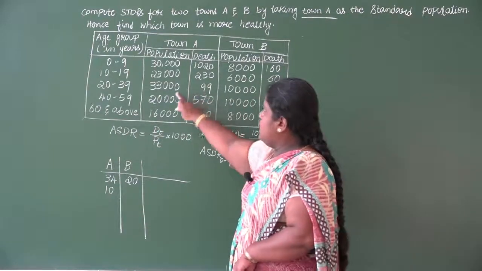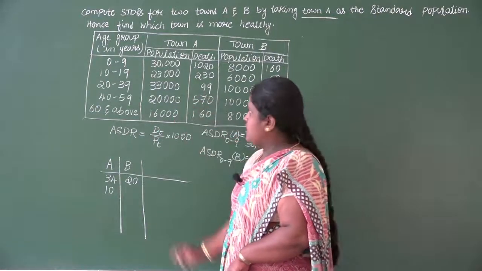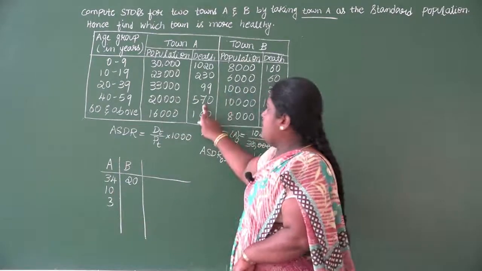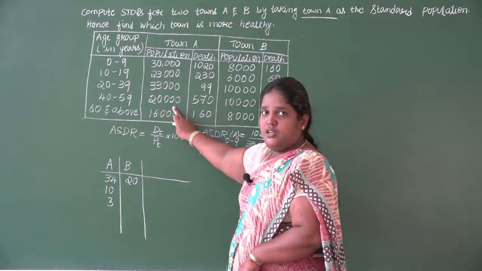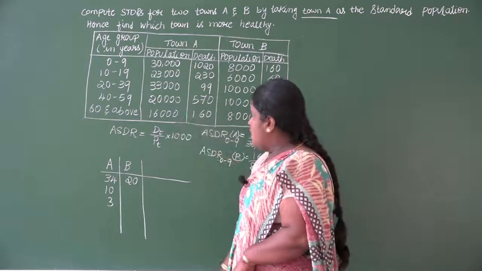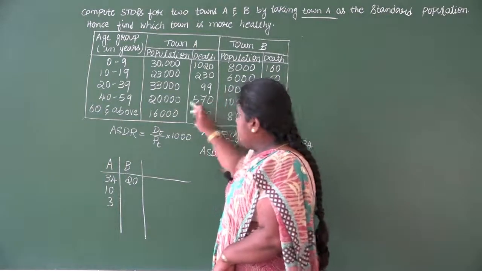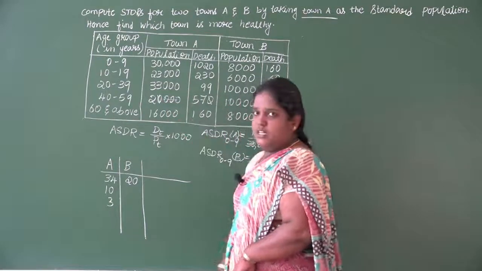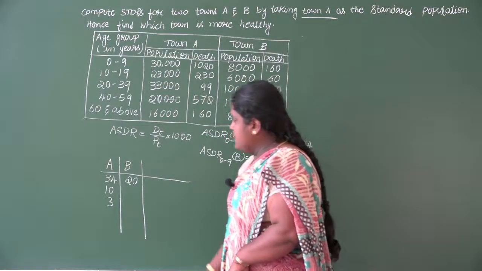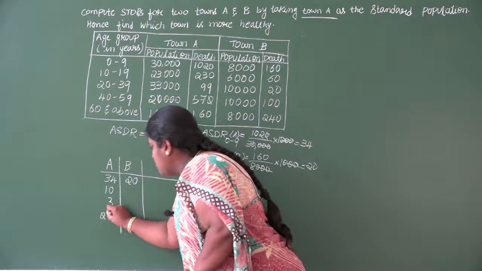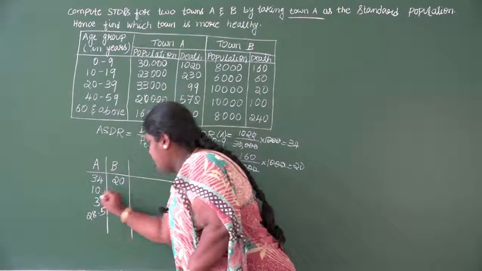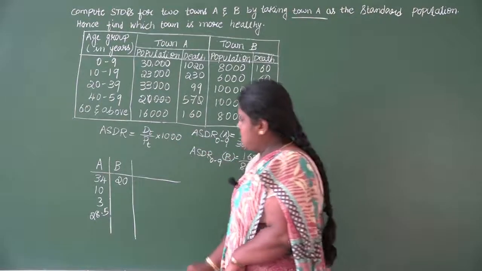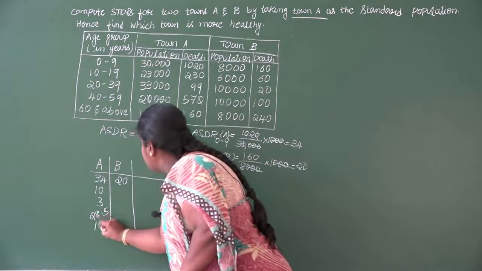Then 99 divided by 33,000 into 1000 is 3. Then 570 divided by 20,000 into 1000. You can cancel the zeros, so we get 57 divided by 2, which is 28.5. Next, 160 divided by 16,000 into 1000 is 10.